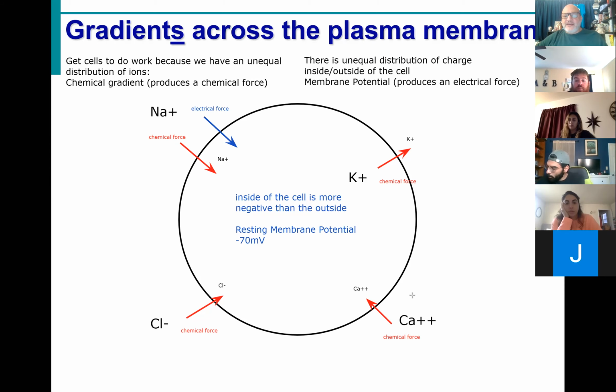Now notice calcium also really wants to go inside. Its chemical force and electrical force are both inside. But why don't we necessarily want calcium coming inside the cell all the time? Really positive. True, it is really positive, but if you also remember, I told you that calcium makes cells do wonky things.